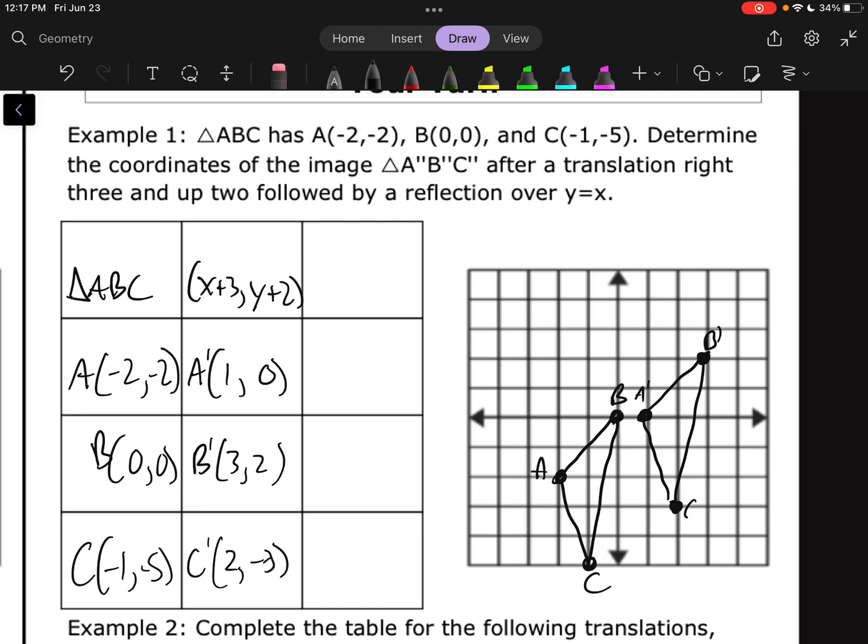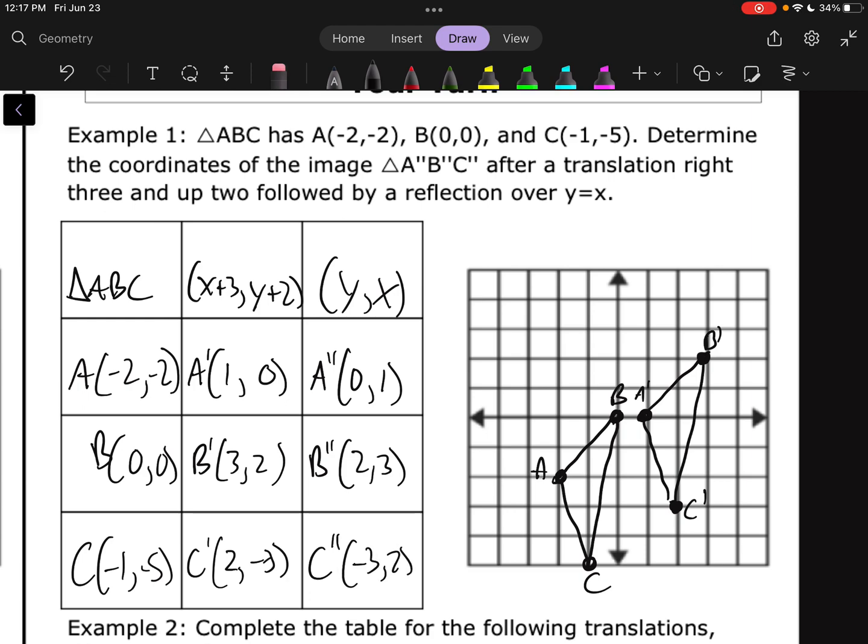Looking good so far. Now we're going to reflect it over the line y equals x. That rule is going to be y comma x. We just flip things around. So A double prime is going to be at 0, 1. B double prime going to be at 2, 3. C double prime going to be at negative 3, 2.